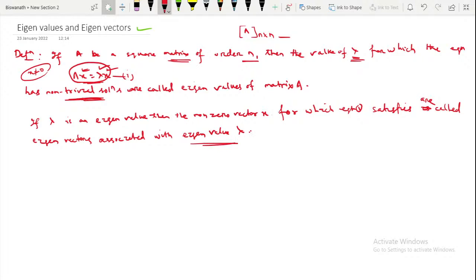And also these things have some different names. Eigenvalues are also called characteristic values, or proper values.